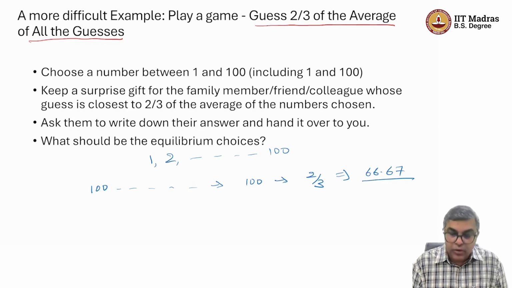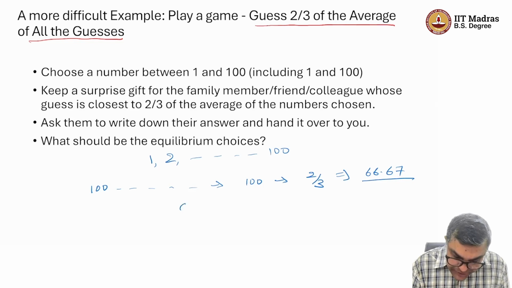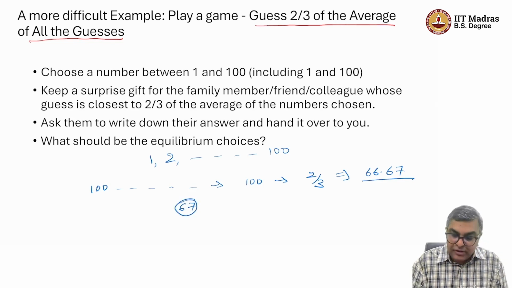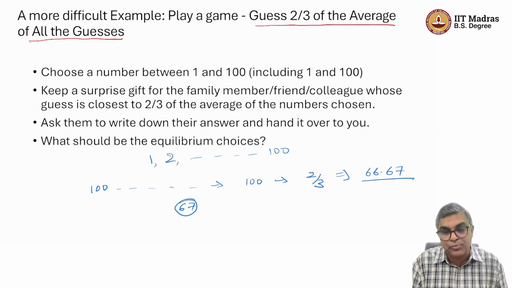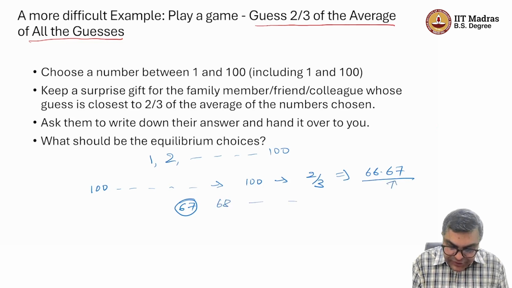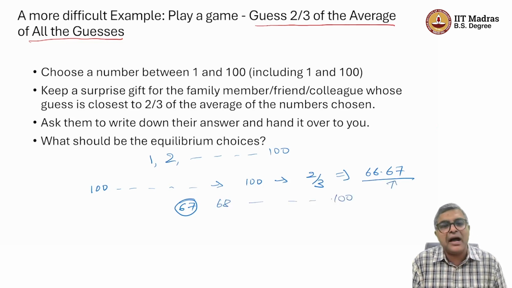So there is no point guessing any number above 67, because 2/3 of the average is never going to be higher than 66.67, and you want to be closest to this. So we can say that guessing any number from 68 to 100 is strictly dominated.